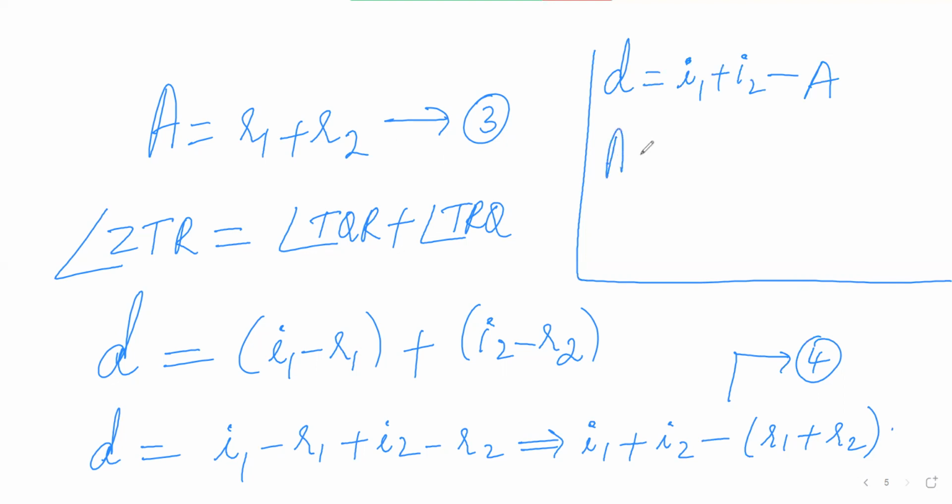So now I'll take this A to this side. A plus D equals I1 plus I2. Why is there no response? Is it clear or not? Yes, sir. Let us call it the fifth equation. Write it down.